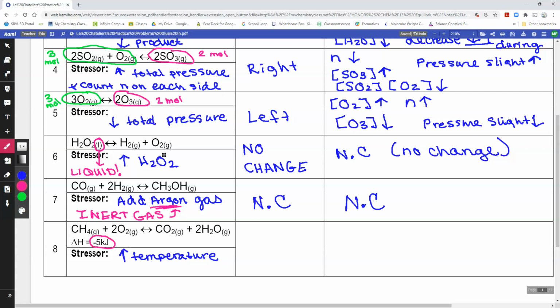That negative sign tells me that this is exothermic. Therefore, the energy is a product, isn't it? So really, it's over here.